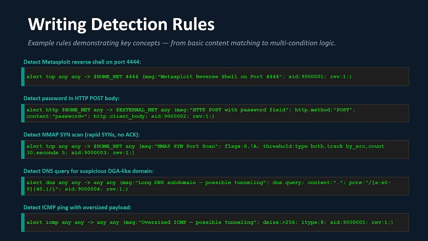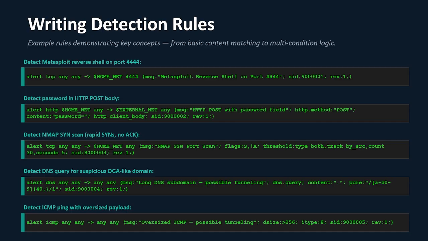Looking at the detect nmap SYN scan, so rapid SYNs, no ACKs, that typically is going to be a port scan or something else. So it's looking for traffic coming from any IP address, going to any internal address, any port, and nmap SYN port scan is the message.